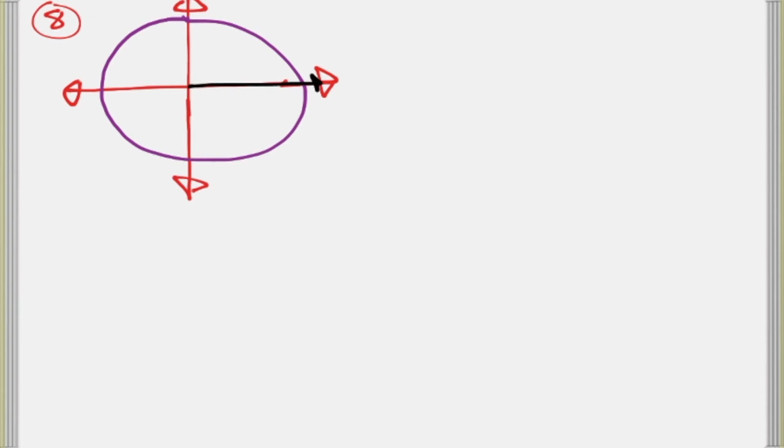If it's 225 degrees, it's going to be 90 to get to the positive y, 180 to get to the opposite side, which is the negative x, then we need 45 more. So 225 is going to be about right there.